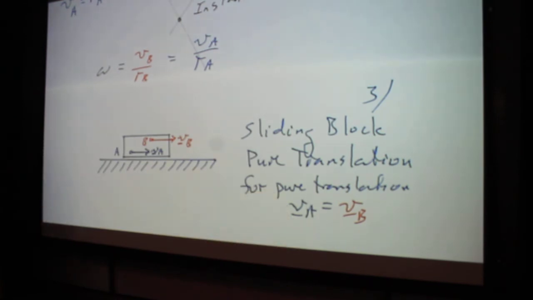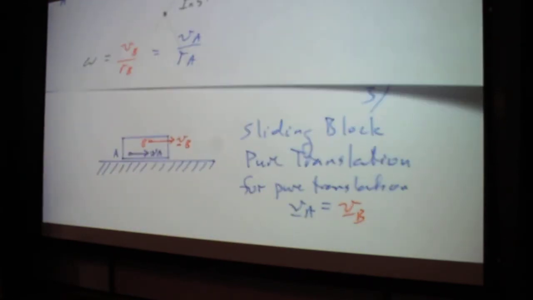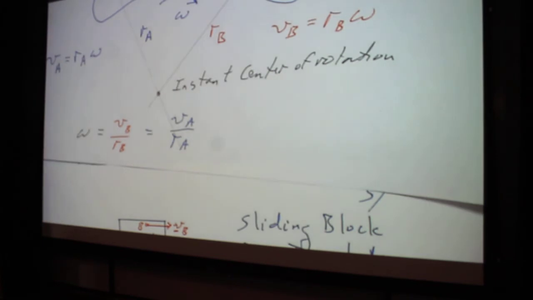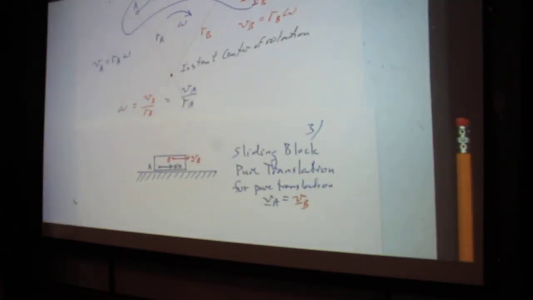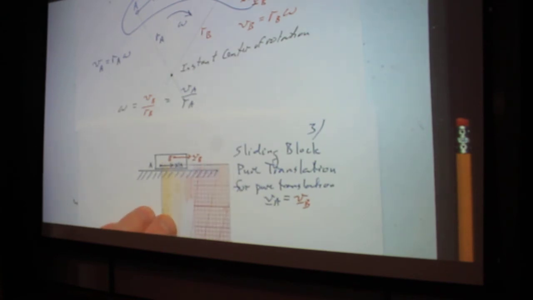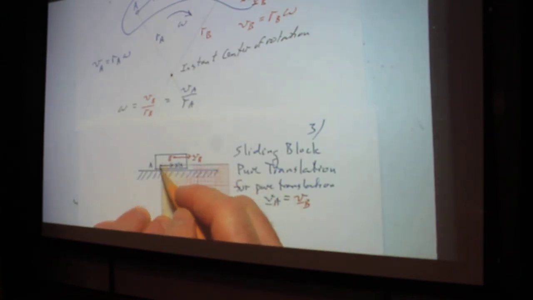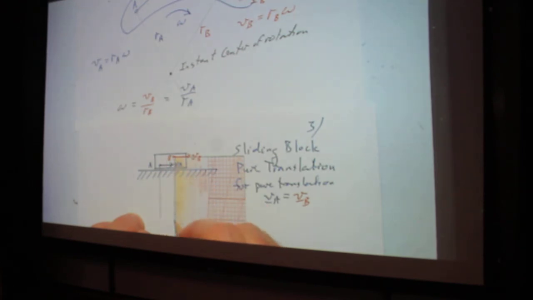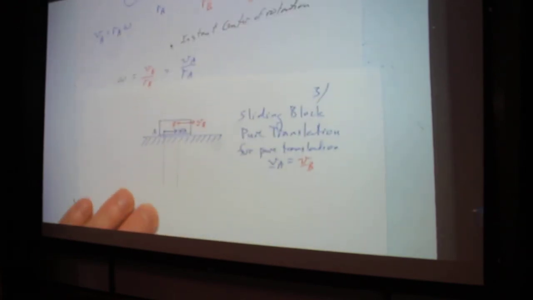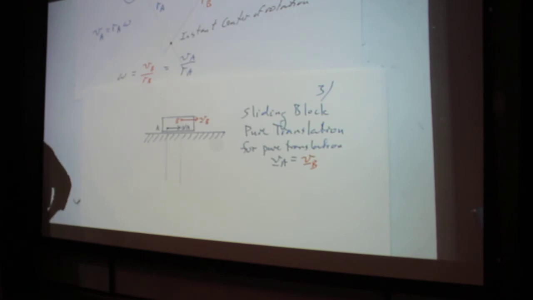So applying our instant center methodology here. So let me just drop these lines here. So I'll drop a line here, I drop a line here. Okay. Where do those lines intersect?